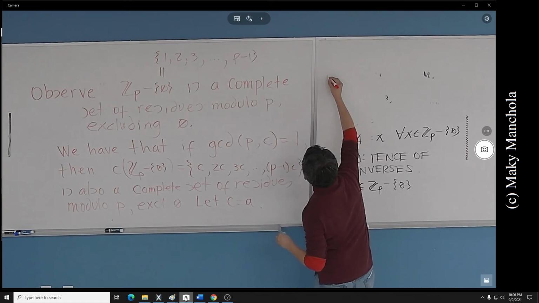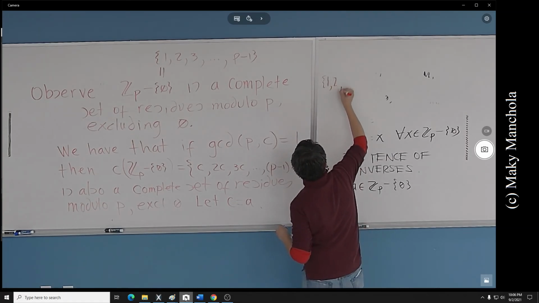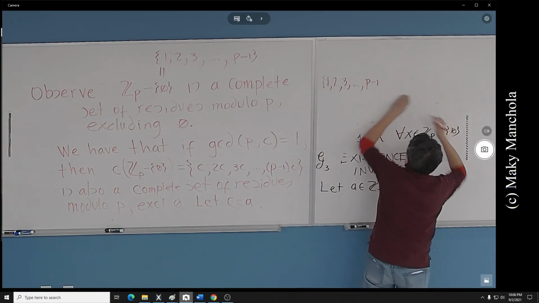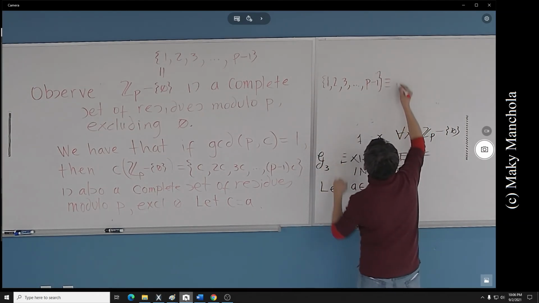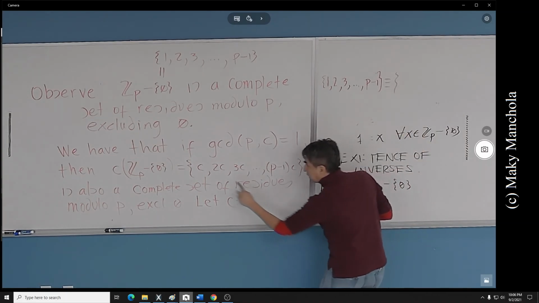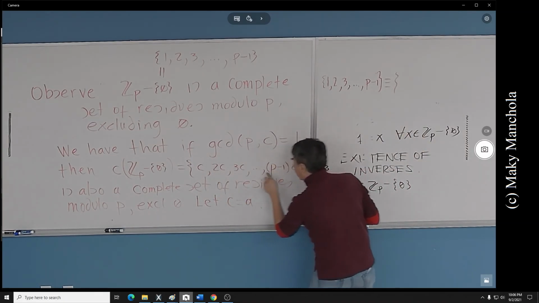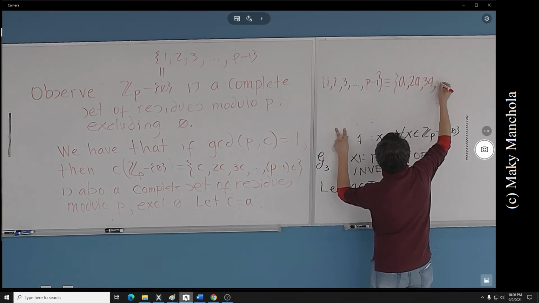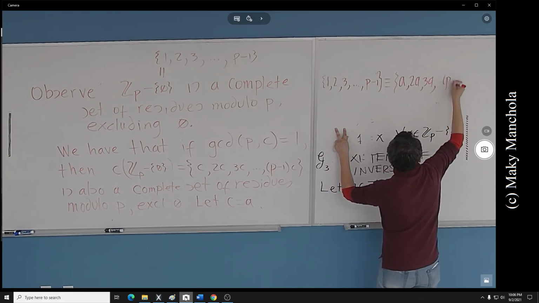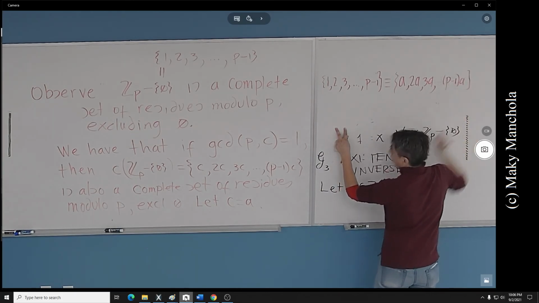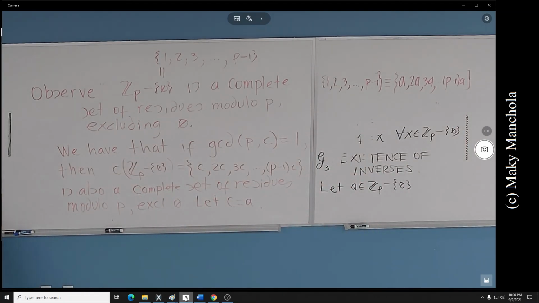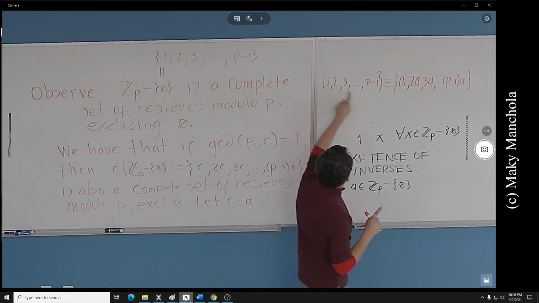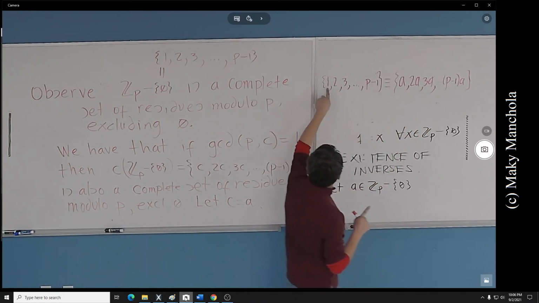So we get that 1, 2, 3, etc., P minus 1 is congruent to, if we're letting C be A, then that becomes A, 2A, 3A, all the way to P minus 1 times A. So what happens here is that there is an element in this set that is congruent to 1.